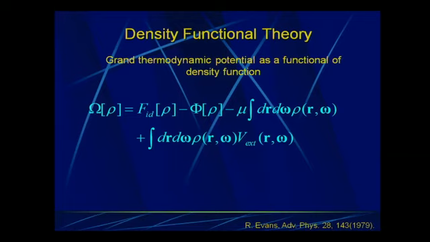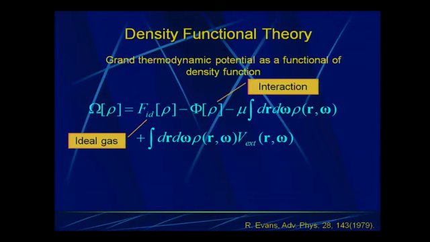So it is essentially a grand thermodynamic potential considered as a functional of local density function rho. And let me mention a bit about the internal structures. This part is the ideal gas part that doesn't have any interaction. This part takes care of the interaction, and this is a chemical potential.